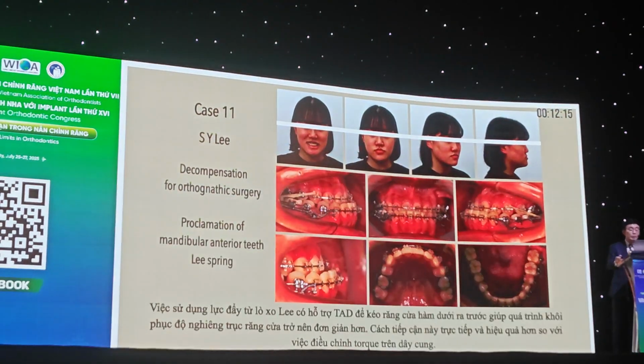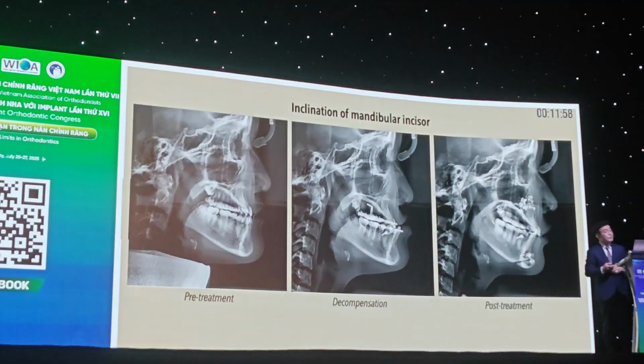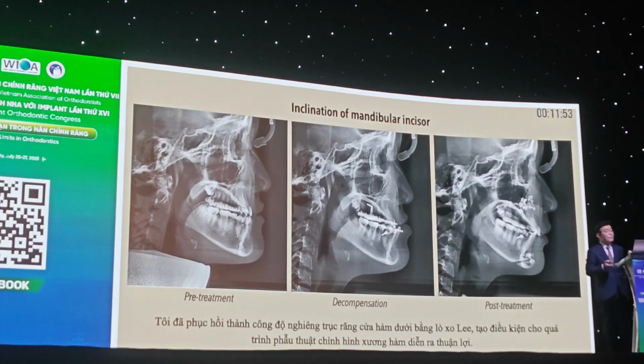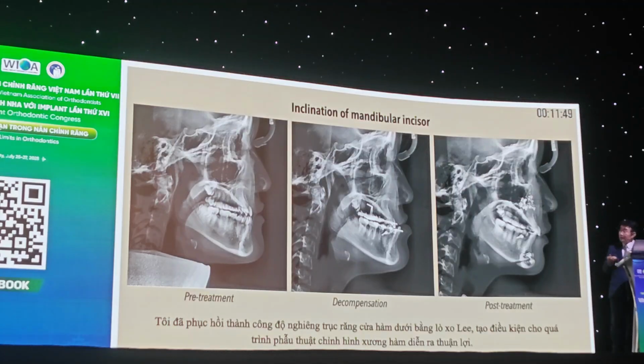Utilizing the TAD-supported respring to advance the mandibular incisors simplifies the process of restoring their inclination. This approach is more direct and effective compared to torque application on the arch wire. I successfully restored the inclination of the mandibular incisors with the respring, facilitating a smooth execution of the orthodontic surgery.